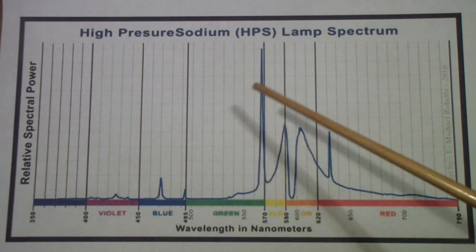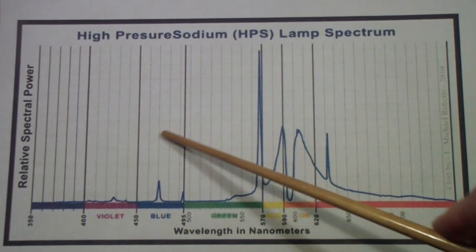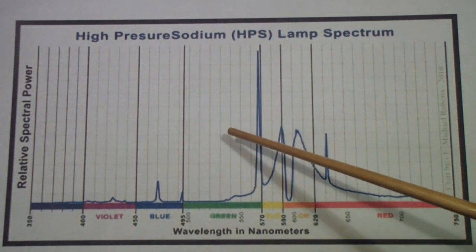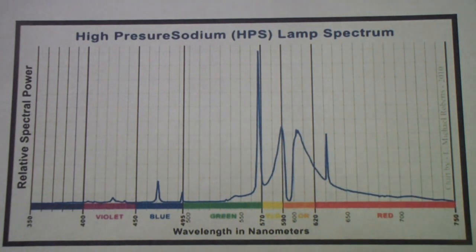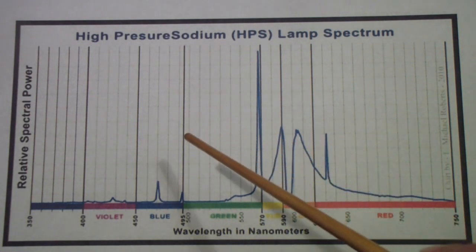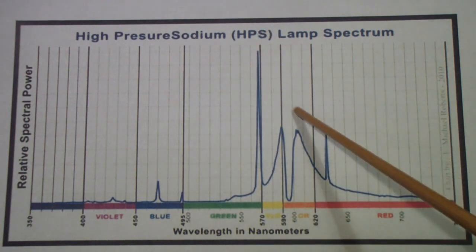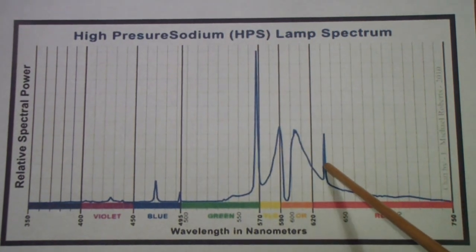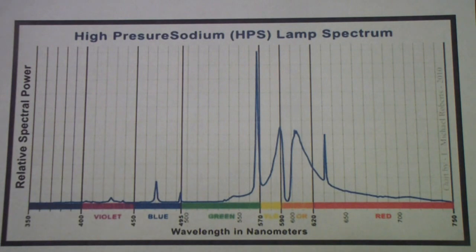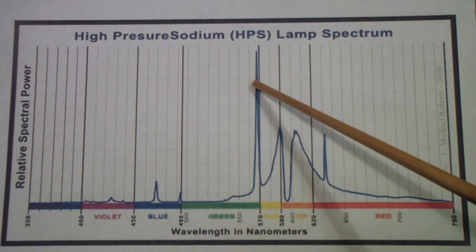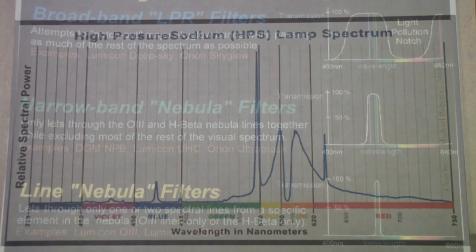Notice that there are large parts of the spectrum here where there is little, if any, output from a high-pressure sodium lamp. So if you have high-pressure sodium streetlights, for example, and many of them are, in parking lots and along streets and highways, it suggests that maybe if we could filter out some of this part of the spectrum, we can reduce the pollution in our telescopes due to high pressure sodium.